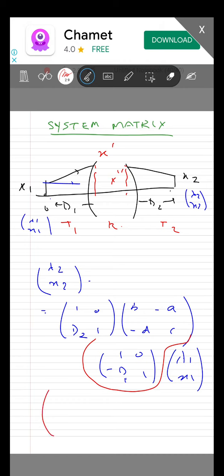It is b plus a d1, it is minus a here, and it is b d2 minus d plus a d1 d2 minus c d1, and it is minus a d2 plus c. This is how it will look like.